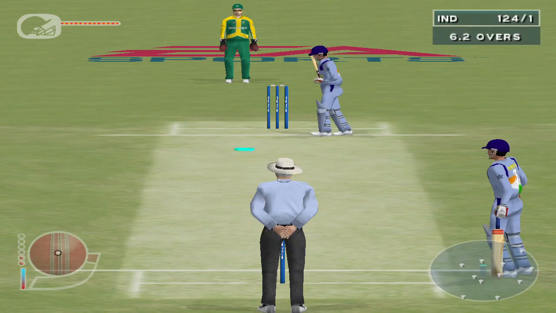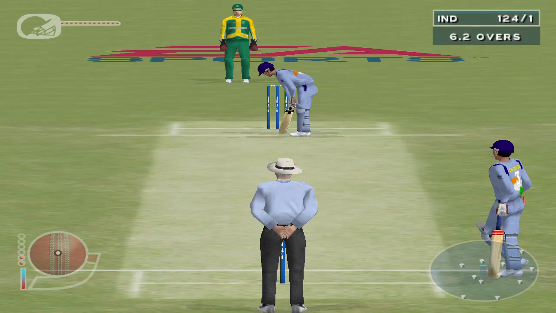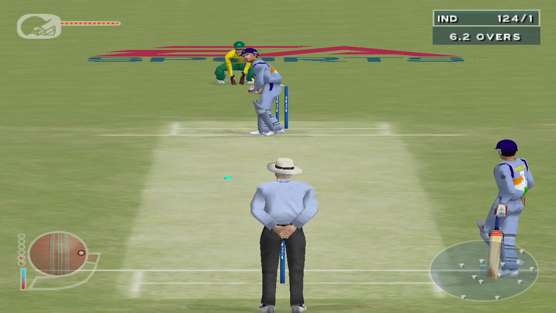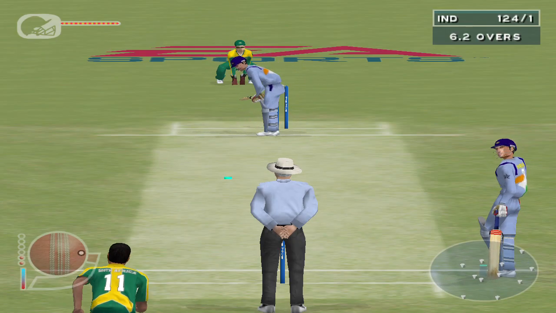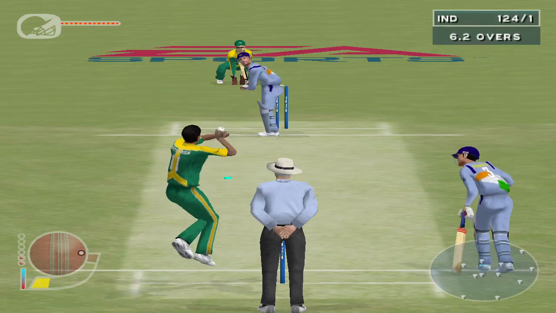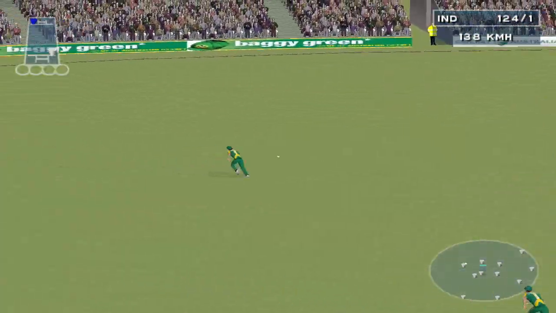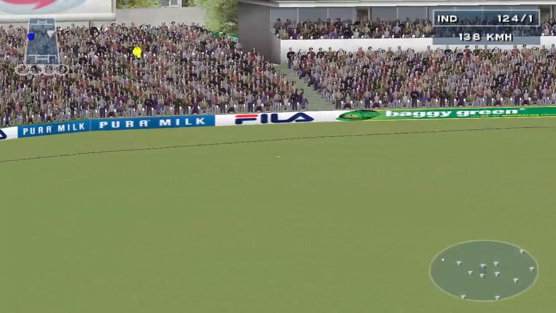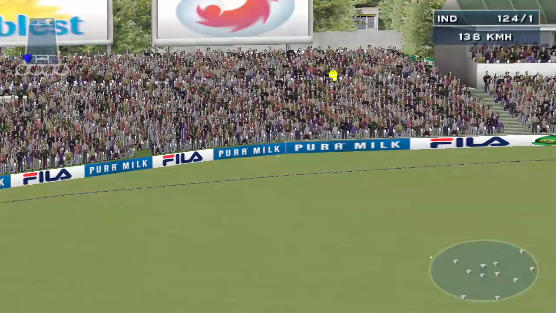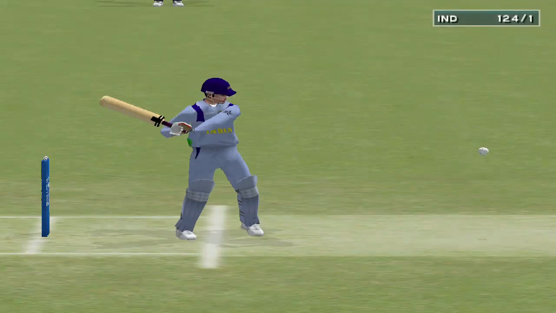And Ntini to bowl to Tendulkar. Oh, that is an excellent shot by Tendulkar. India have taken their total on to 128. Lovely shot. It raced away to the fence for 4.